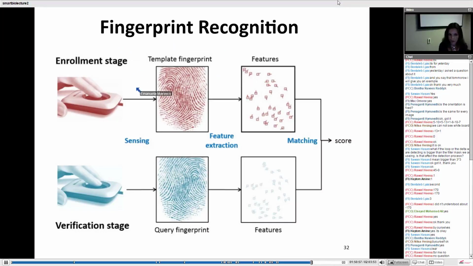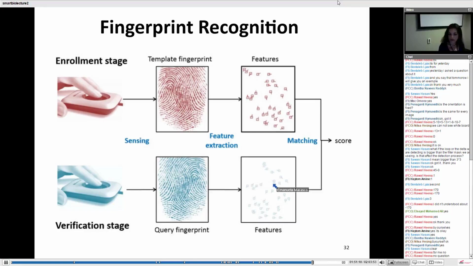And then an additional overview. We have the enrollment stage: sensor, fingerprint image, feature extraction, the template, and then the query. The query is acquired during the verification stage.